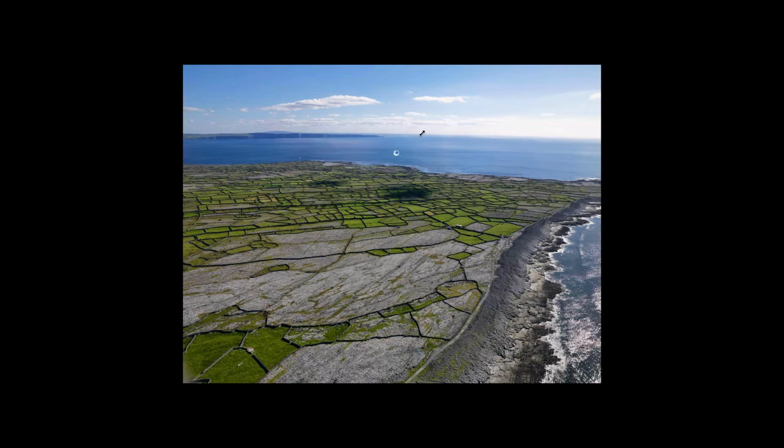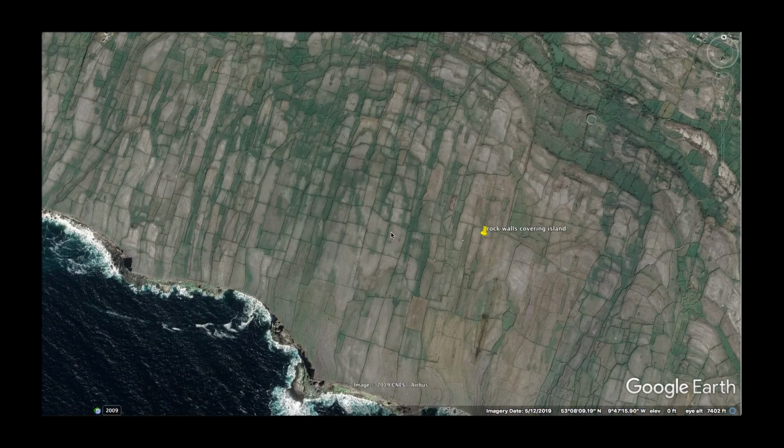But maybe it was more highly populated in the past, but there was a lower human population in the past, so why would that make sense? Most of these plots look like they're not in use, just empty segmentations of land, plots bounded by these stone walls.